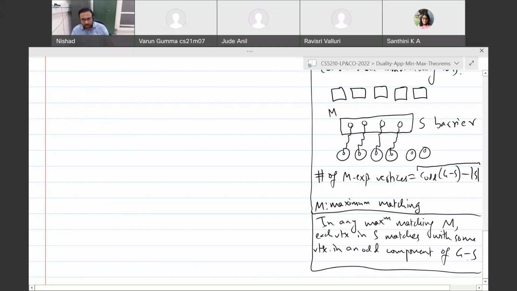Each one will choose one odd component, and that is the only way you will be able to get this equality. And these components are distinct. Are there any questions or concerns at this point? This point is really crucial. We are going to use it in the proof towards the end.